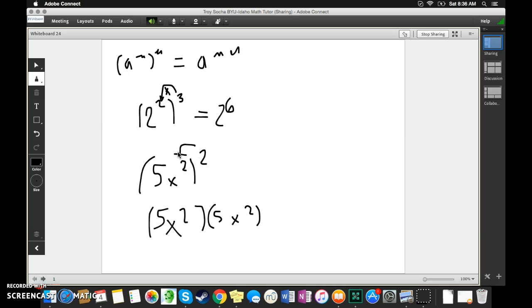Or we can take and multiply this 2 out, but if we multiply it to the x term, we need to multiply it to the 5. So we get 5 squared x to the fourth. So we need to remember to distribute. It's distributing that exponent.